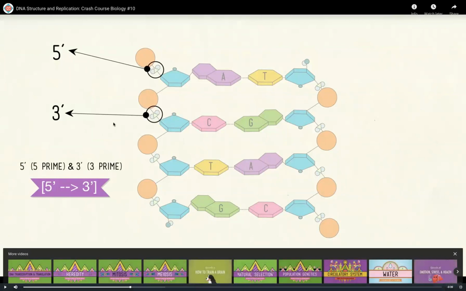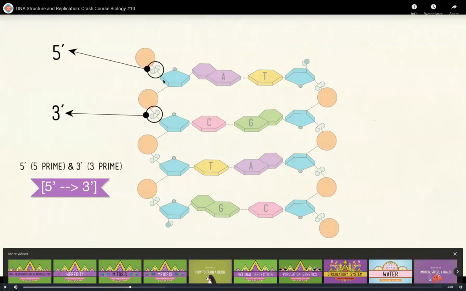Now, if you haven't had your biochemistry yet, just know that 5' and 3' is simply a direction. And if you notice here, you see the oxygens are pointing up. So this part of the ladder is going to move in this direction, facing down. And this part of the ladder is going to move up.